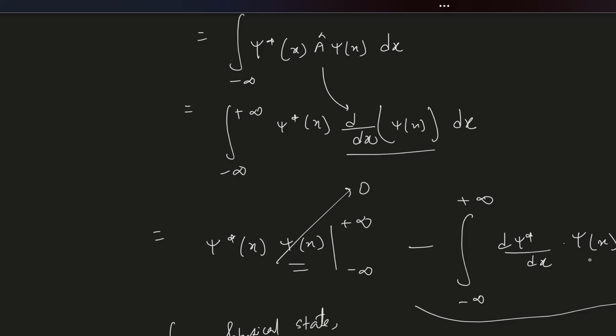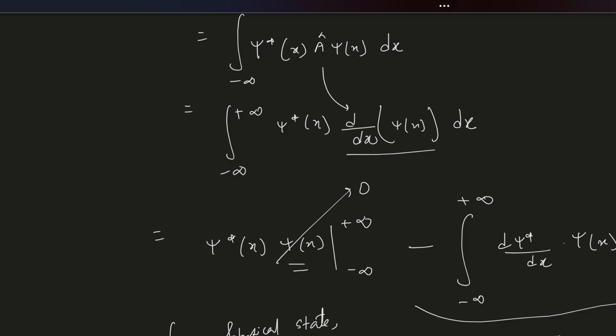Earlier it was on the psi x term, right? So then, there is also a minus sign outside the bracket, so it can be written like this: minus integral from minus to plus infinity of d/dx of psi, whole star, psi x dx.